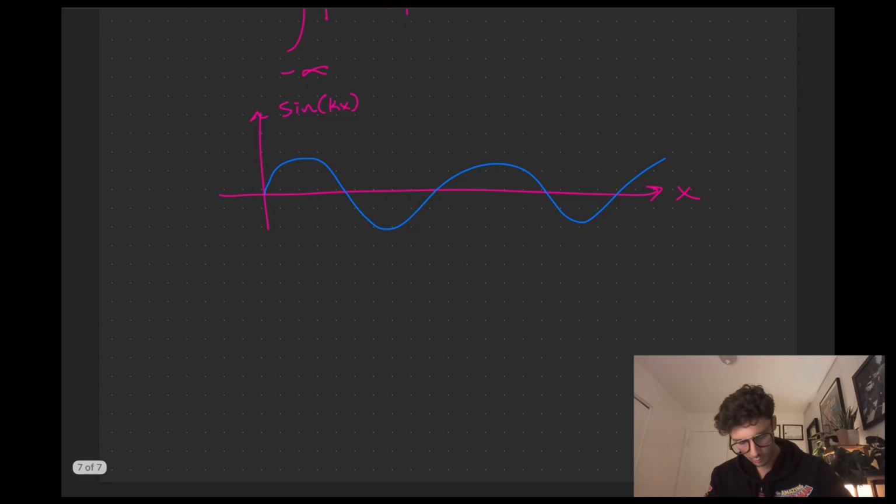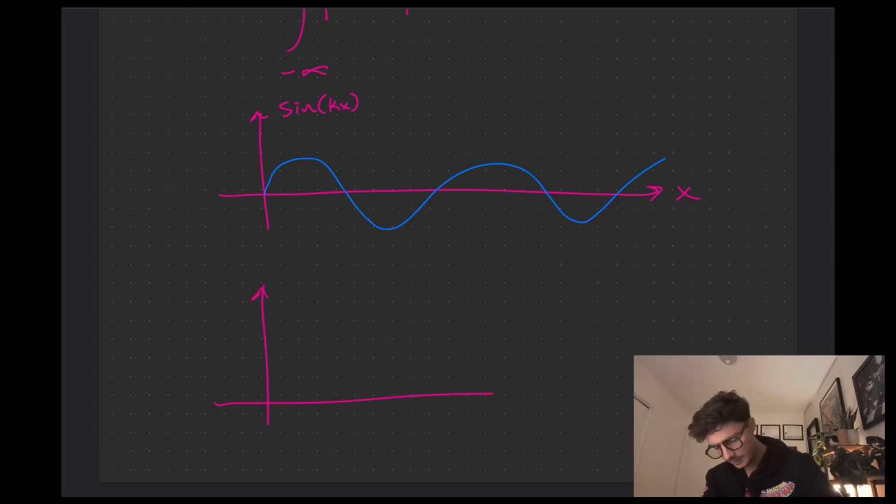But now we can also plot the absolute value squared of sine, sine of kx squared. What does this look like? If you plot the absolute value squared of sine, it basically flips all of the negative things up here. I think it looks something like this. Boom, and it just does this.